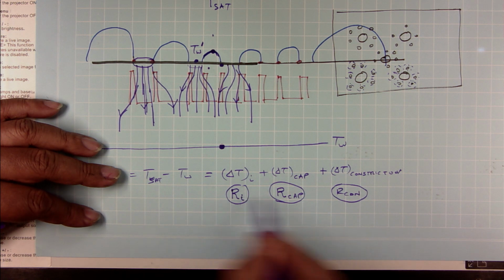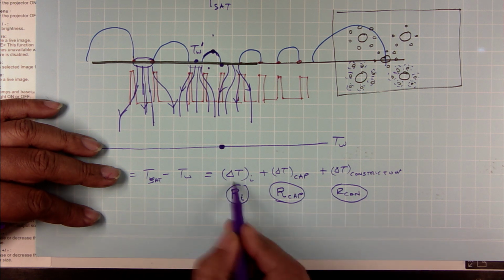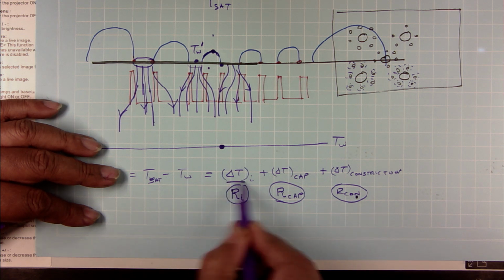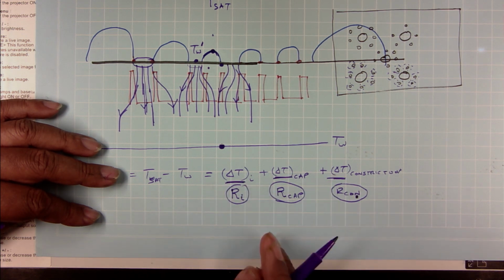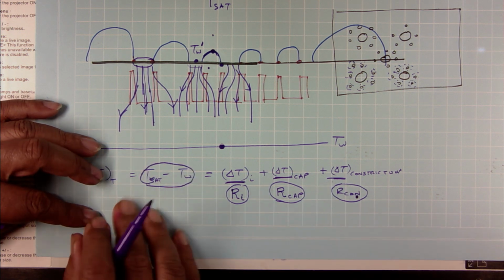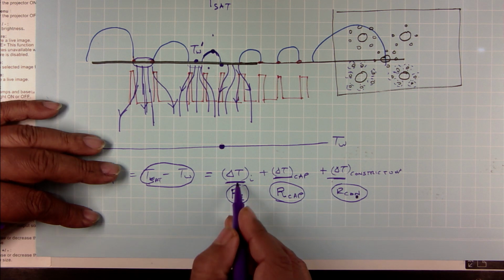So the sum total of these three resistances, or each of these resistances will have a potential drop across them, and so those are the potential drops. And that at the end of the day is equal to T sat minus T w. So what is the heat flux I am going to get?